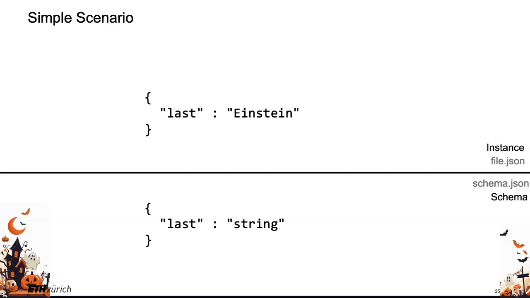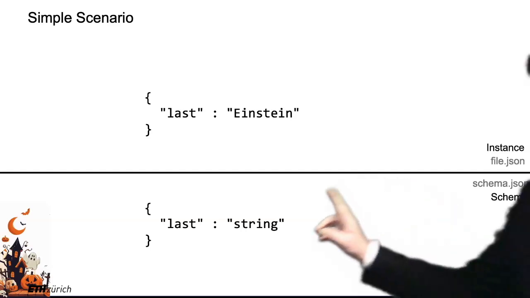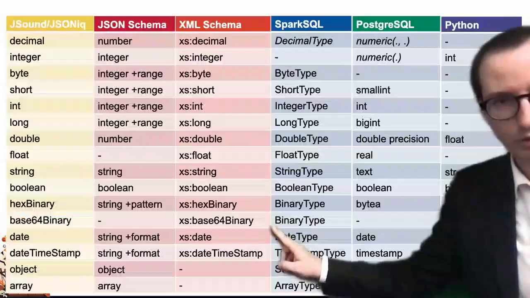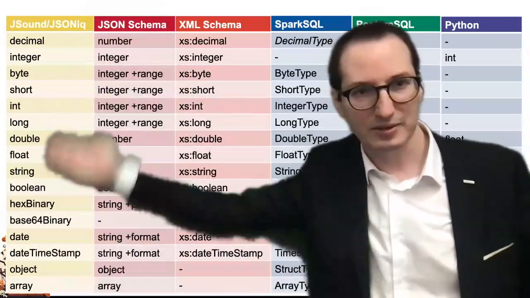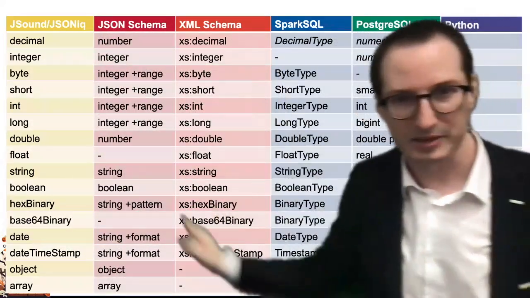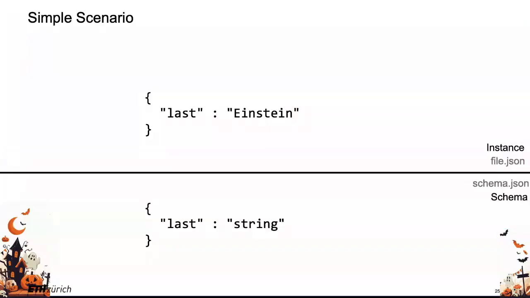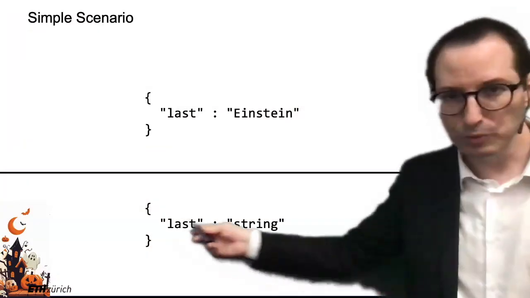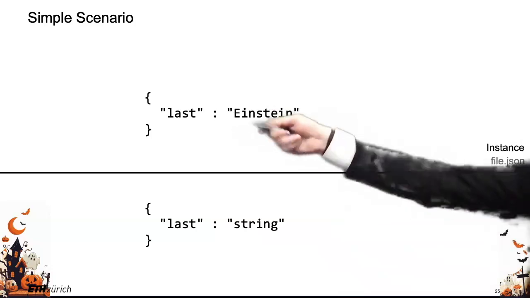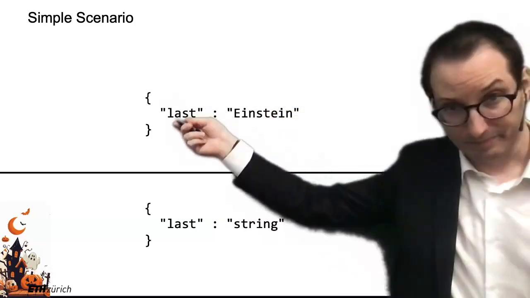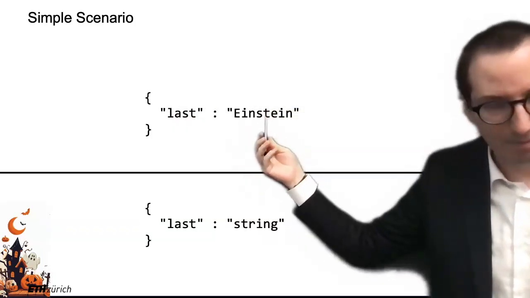So if I look at that schema, what does it tell me? Well, it tells me that I want to validate objects, and if they have a key called last, I want it to be a string, right? This string that you see here, you need to take it from the restaurant menu. So you need to take it from that list right here. You notice it's the same list as here. That's exactly the same names. But basically, you take it from the restaurant menu and you say, okay, last should be a string. And then you look at the instance, you say, okay, I'm trying to validate it as a string.